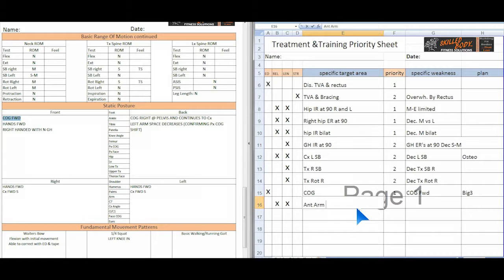Anterior arm sling, slash bicep, anterior deltoid. That sort of thing, because that can help his hand sit back a little bit more. It is slight, so I'm not super worried about it. I'm going to put it as a priority 2 item. And then I'll just put hands forward.